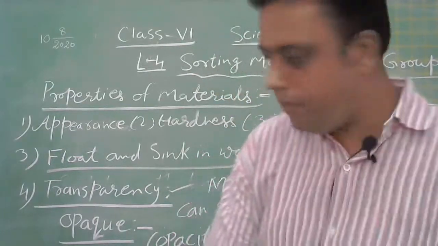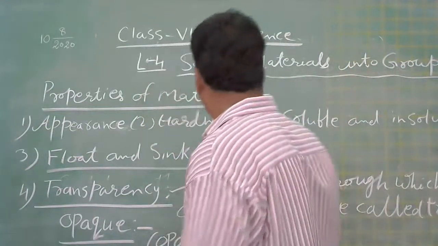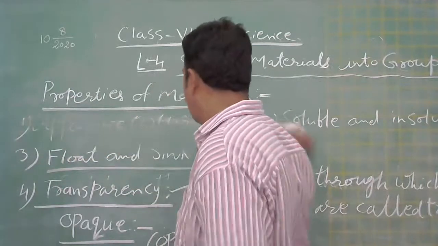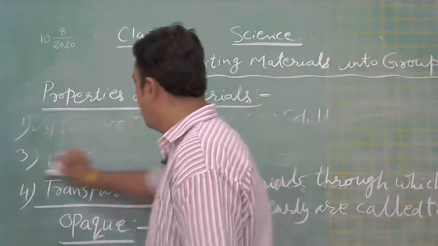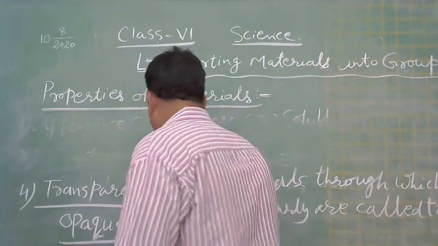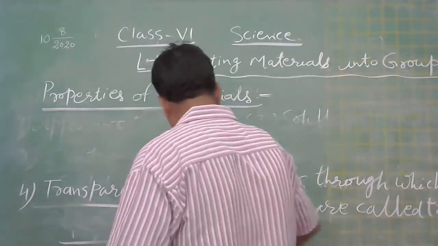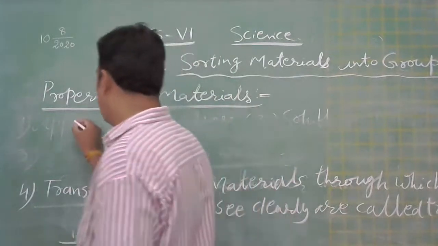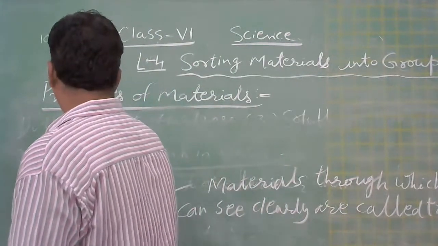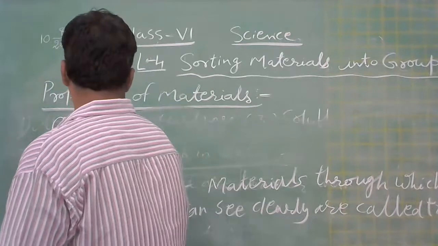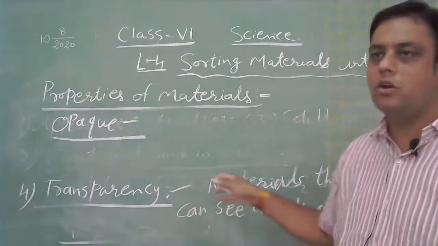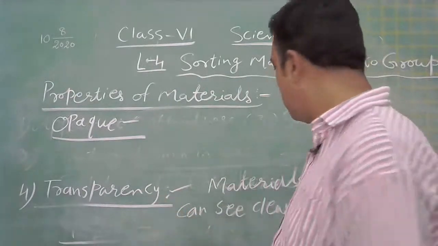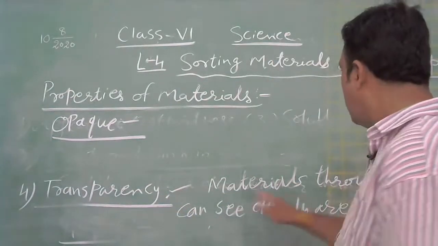One word is opaque. What is the definition of opaque? You can see these definitions in your book also. Materials through which you cannot see are called opaque materials. And opacity is the property of a material through which you cannot see.